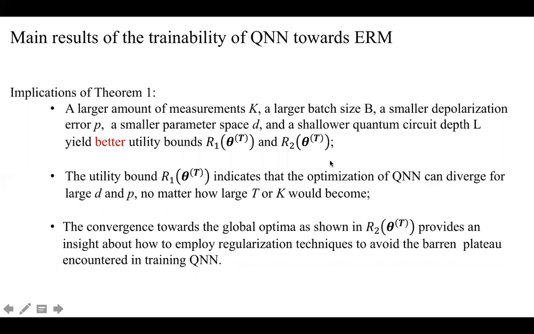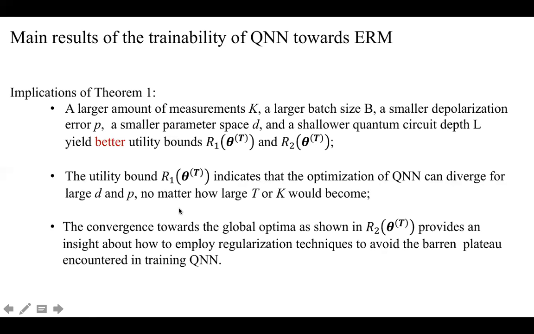The result of Theorem 1 provides the following implications. First, a larger number of measurements K, a larger batch size B, a smaller depolarization error P, a smaller parameter space D, and a shallower quantum circuit depth L yield better utility bounds for R1 and R2.